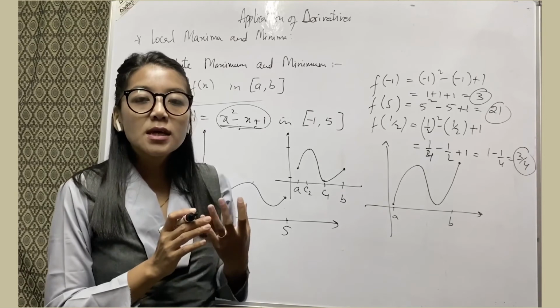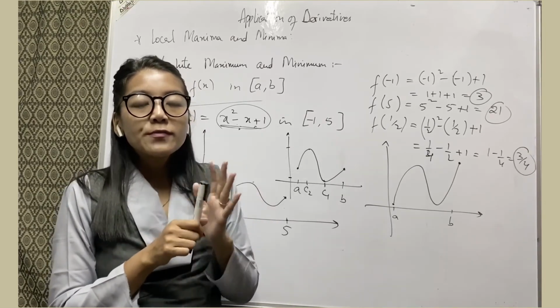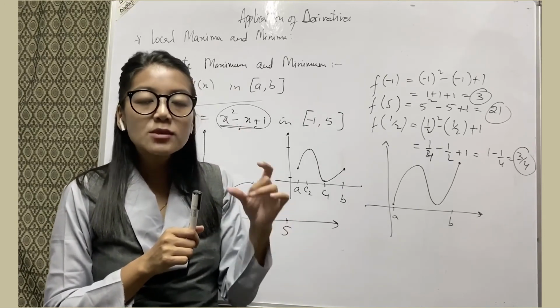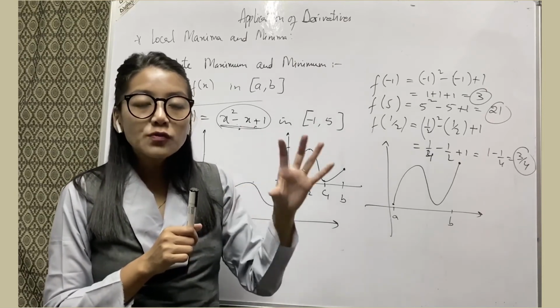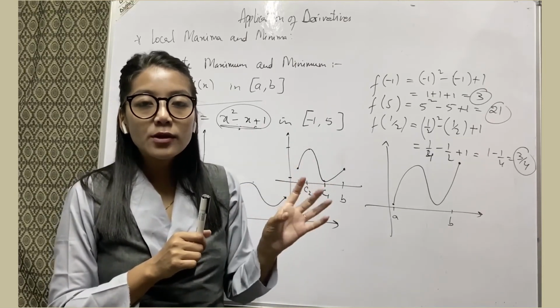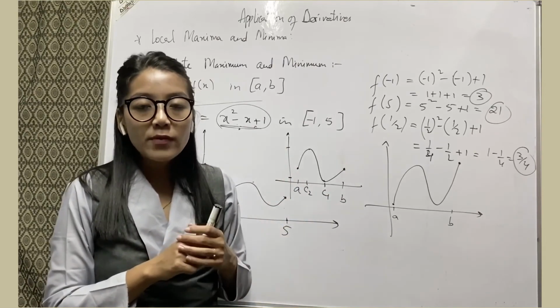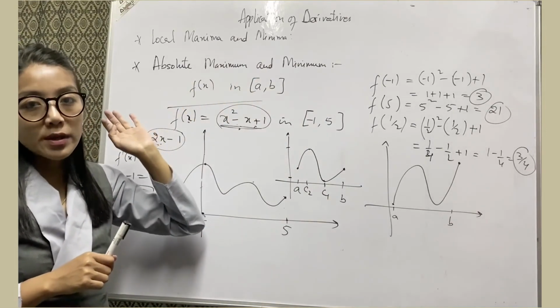If you get at least one critical point, then you will find the function values at the two extreme points plus all the function values at the critical points you have obtained. Out of all these values, the largest value is the maximum value of the function, and the smallest is the minimum value of the function. So this is all about absolute maximum and absolute minimum.